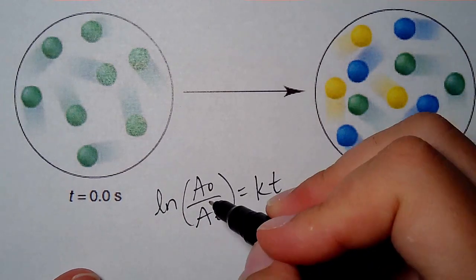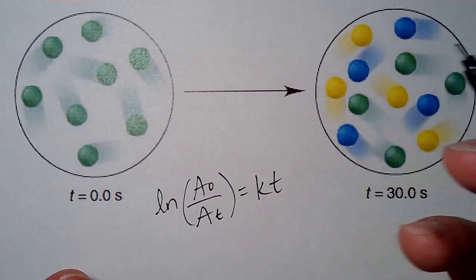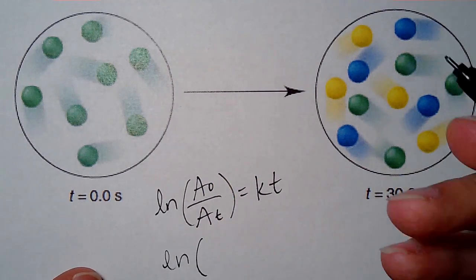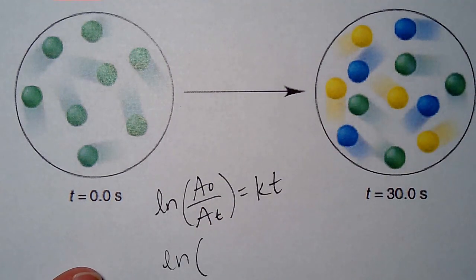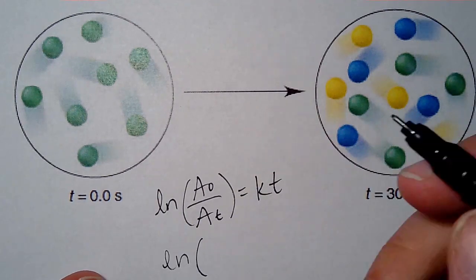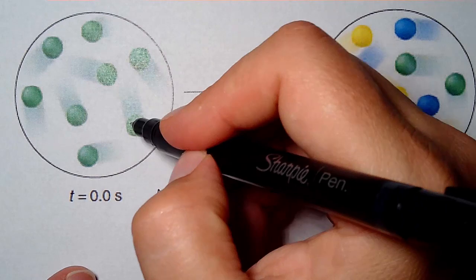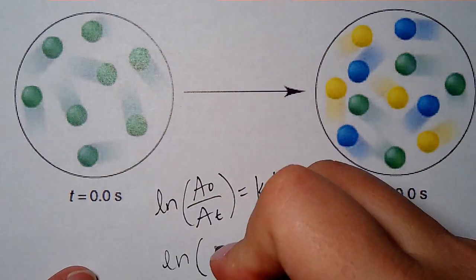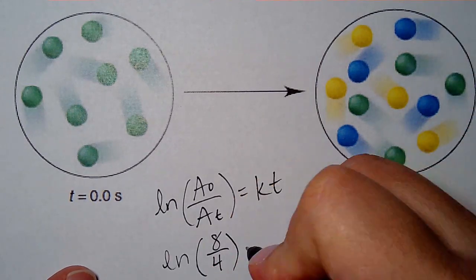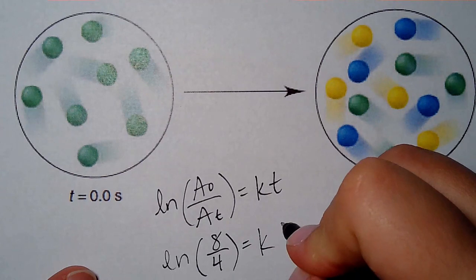Alright, so we can use mole-to-mole ratios if we imagine that these are moles or molecules. So initially we have 8 green balls. After 30 seconds we have 4 left. So our time is going to be 30 seconds. And we can then solve for K.